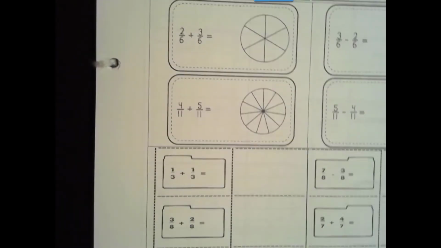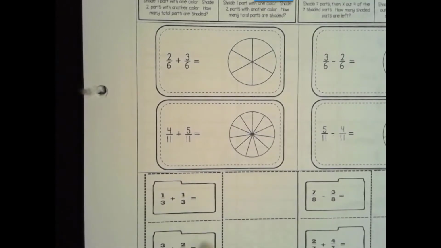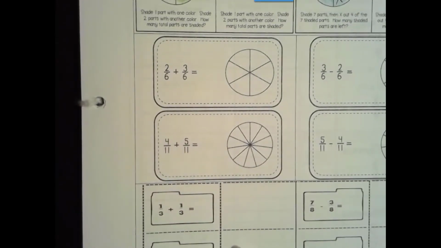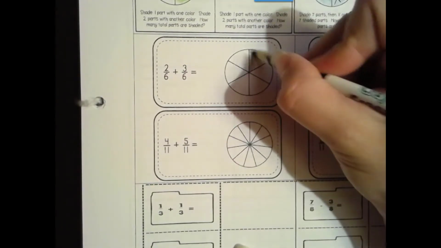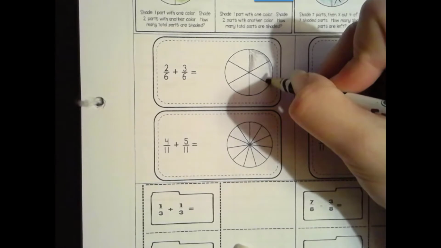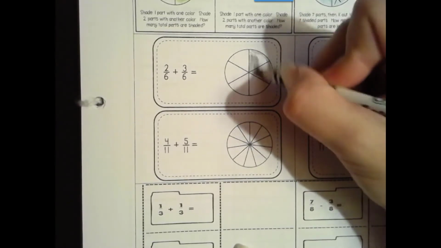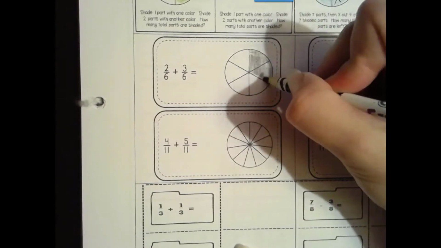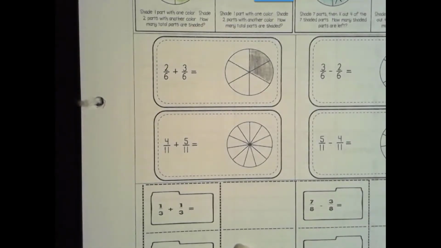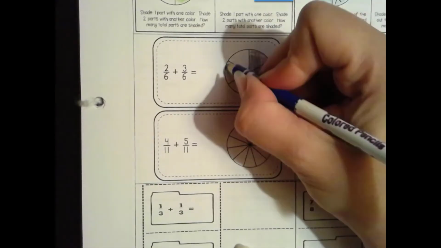So first, let's focus on our addition. Here we have 2/6. So 2 out of 6 filled in. Then we're going to add 3, or we're going to join together with that 3 more.